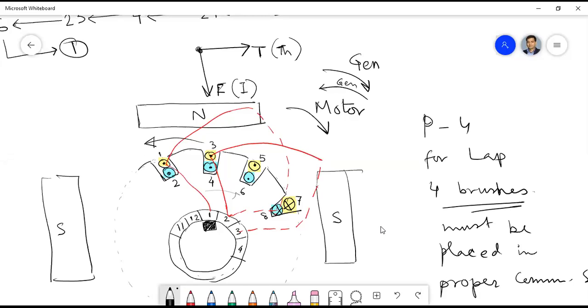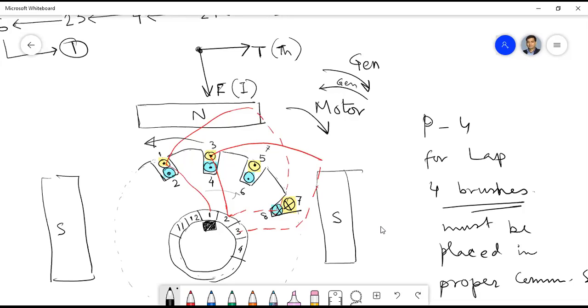Okay, so what will happen? In the next instant, the 7 will come at the position of 5. Then what will be the current direction in the 7? And 5 will come in the position of 3. Are you getting what I'm saying?